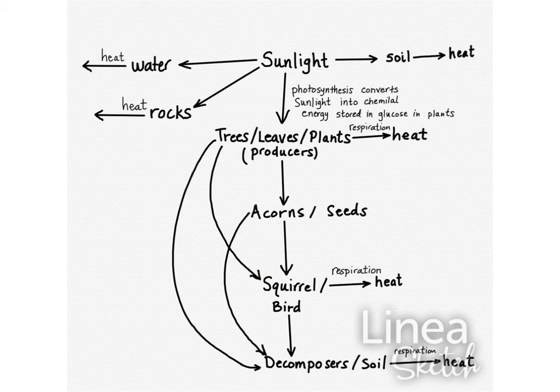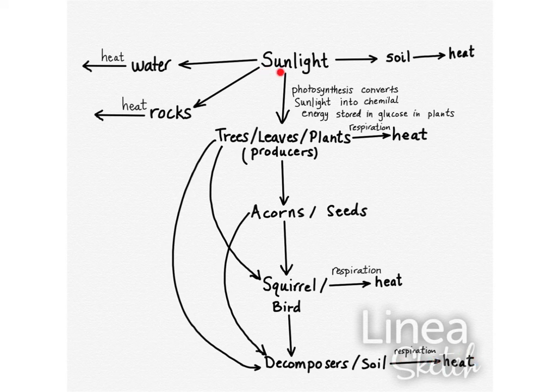Primary consumers could be squirrels or birds that eat parts of those trees or leaves. Also, it can be shed as biomass and go into decomposers, right? And through soil be taken in, and those nutrients then through respiration of fungi and other decomposers through cellular respiration be given off as heat as well.